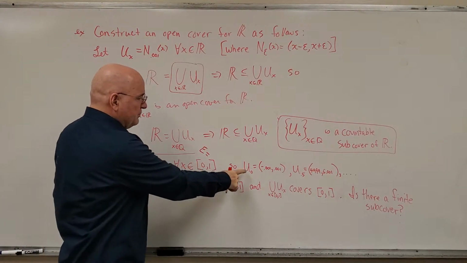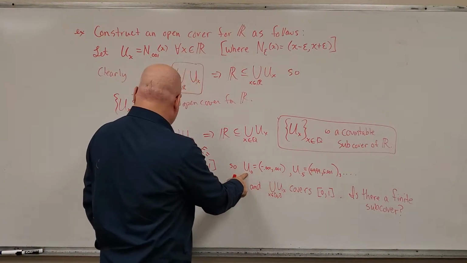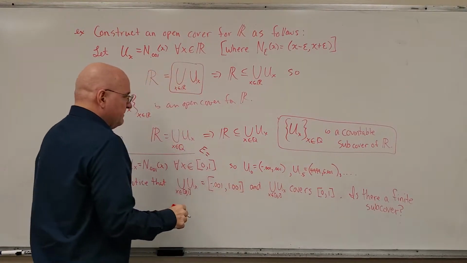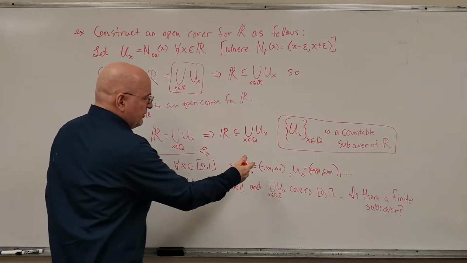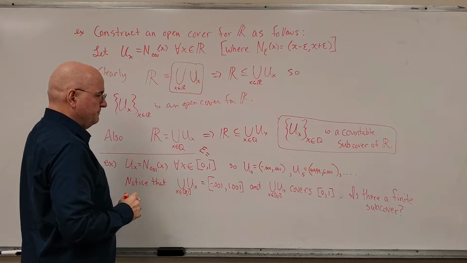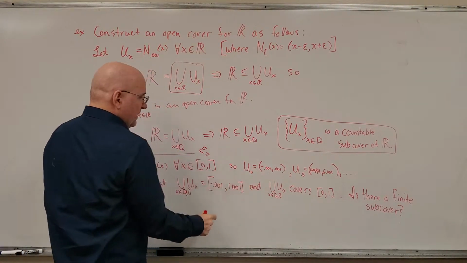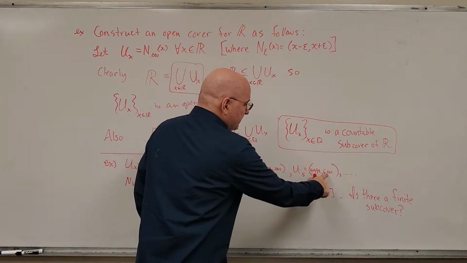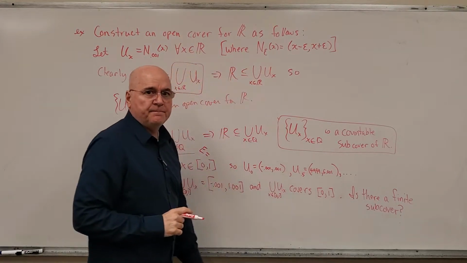So, for example, U_0 is going to be the open interval 0 plus or minus 0.001, which is this. U_0.5 in the middle of the interval would be 0.5 plus or minus 0.001.